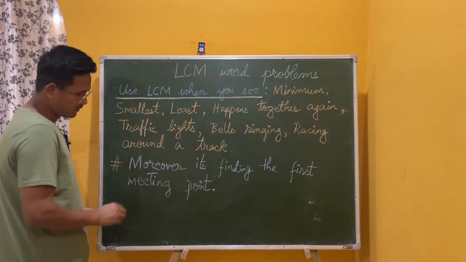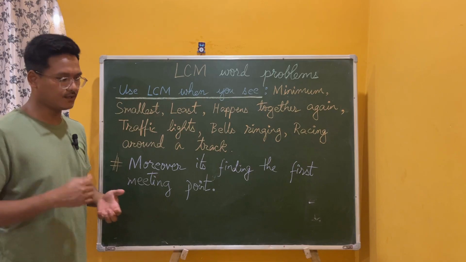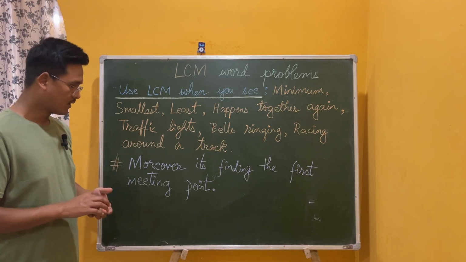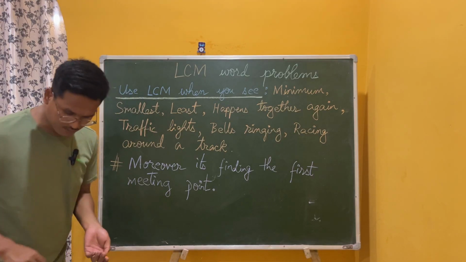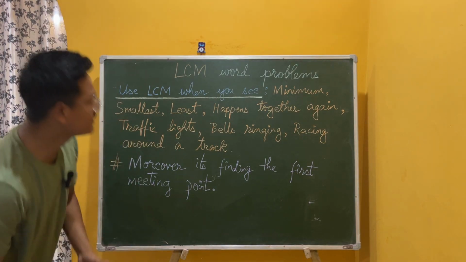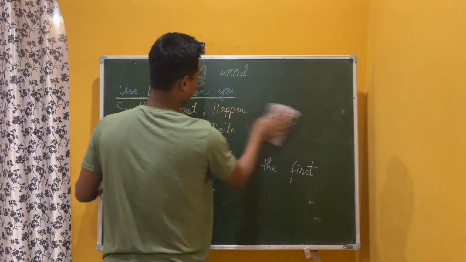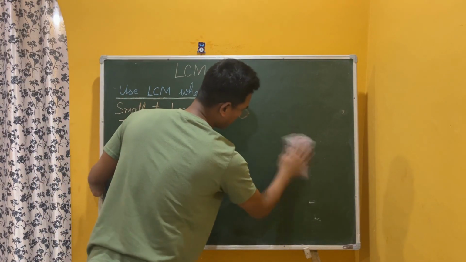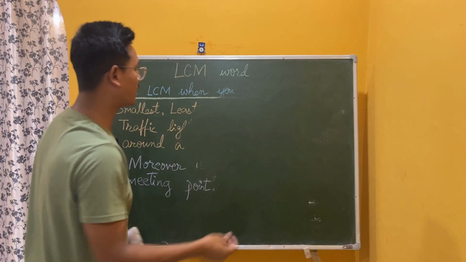So when we are finding the LCM of two or more numbers, we are finding the first meeting point. So what does that mean? It means, for example, let's talk about the multiples of 2 and 3.